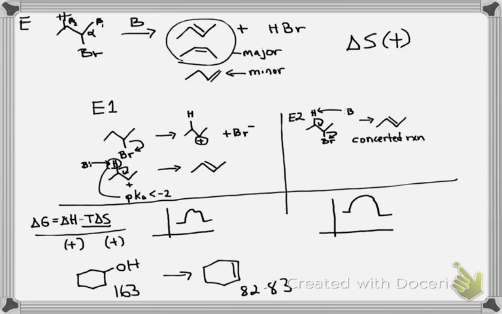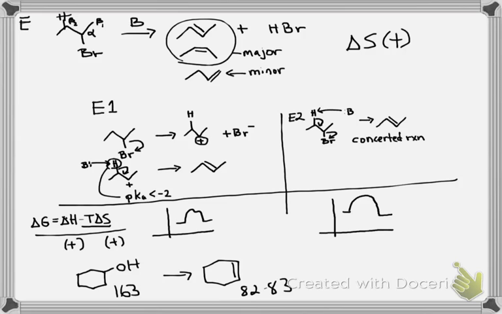So the base, its characteristics are less important. But for E2, the characteristic of the base has to be that it's a very good base. Strong nucleophile, strong base, okay? Which is why E2 competes with SN2, because if you have a strong nucleophile, then it tends to favor substitution.